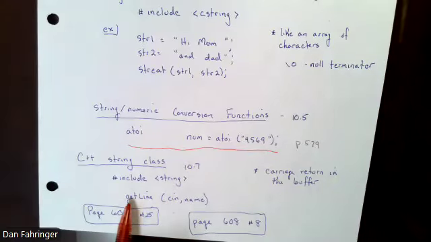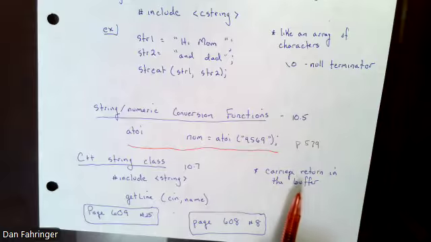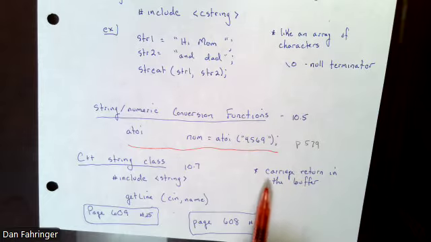One of the big things is getline. The getline gets all the way out to the end of the line, until the carriage return. It's going to get all that stuff in. One of the big precautions as you're working with these is to make sure you clear the buffer.